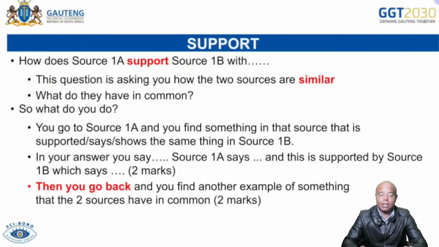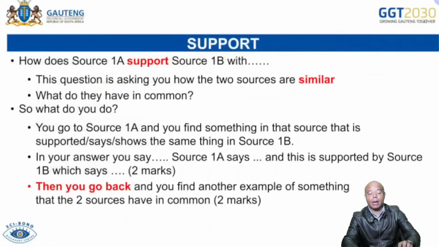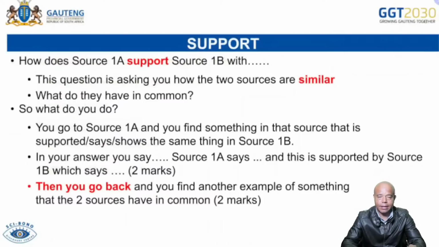Now remember, this gives you 2 marks. Now you must go back to 1A and say again, source 1A says the people are flying in jets, and this is supported by 1B, which says that the people were flying with planes. A jet is a plane. So it does not give the definition, but jets and planes are basically flying in the air.